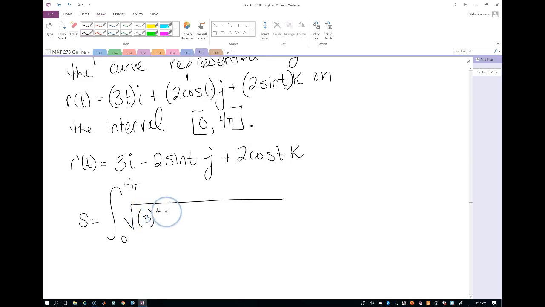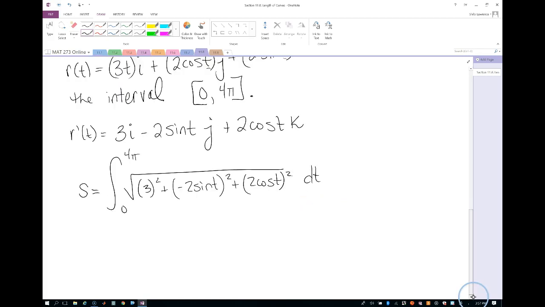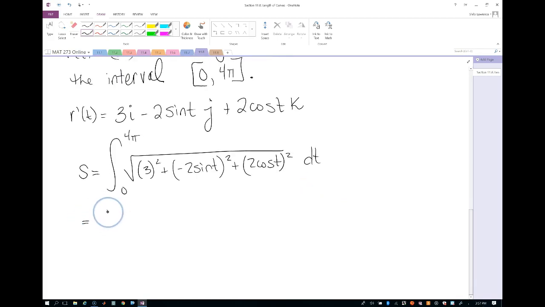So we're going to square each of those component functions and add them together under a square root. And at first glance, this looks like it may be a pretty difficult integral to calculate. You're always welcome to type these definite integrals into your calculator for help calculating them, but this one's actually going to work out pretty nicely.